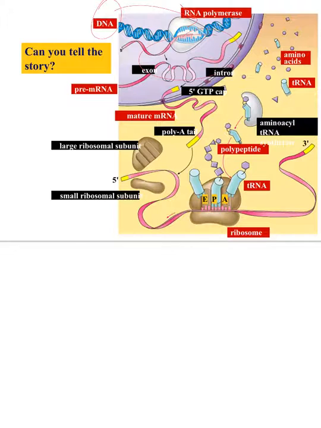We need to protect it by doing a GTP cap on the 5' end and a poly A tail on the 3' end. We're going to go to the ribosome and attach there. We're going to get tRNAs coming in and bonding to our codons with their anticodons with the amino acids, and then the next tRNA comes, and then we end up making this polypeptide, and once we reach the stop codon, we will release and we have a protein made.